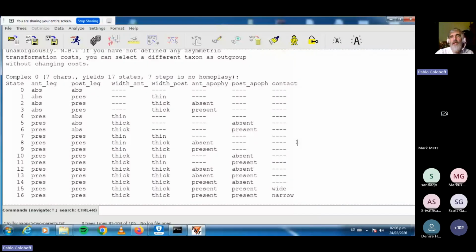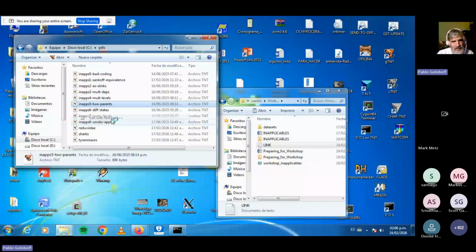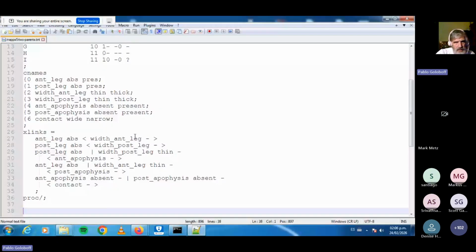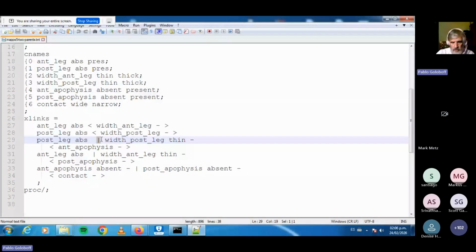So yes, you can have two parents, you can have two primary characters, right? And remember that I showed, let's make this a little bigger, this symbol, right?